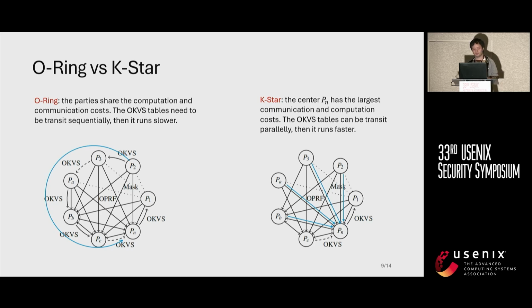Between the ring structure and the K-star structure, in K-star there will be a center, and the center will have the largest workload. But in O-ring, the parties share the workload.